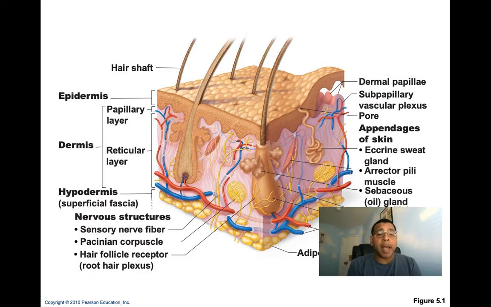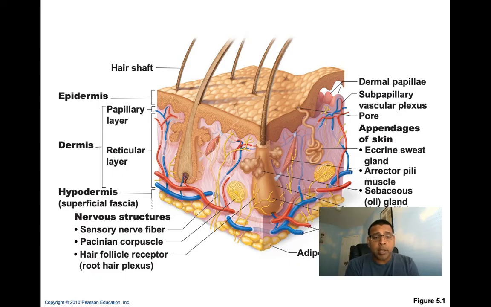Moving down from the papillary layer, then we have the reticular layer. The reticular layer accounts for about 80% of the dermal thickness. The tissue type we have here is basically dense, irregular, fibrous connective tissue, which we discussed in the last chapter.